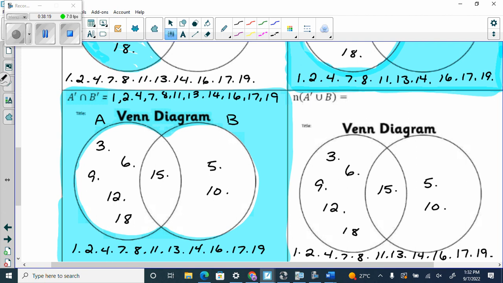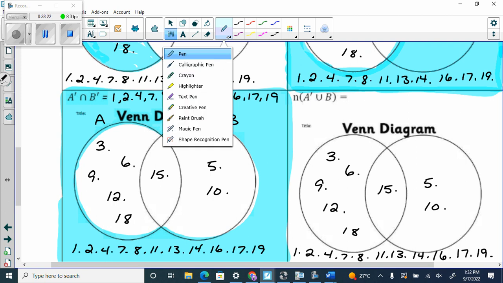And then this one wants not A or B, so I can just shade not A first.